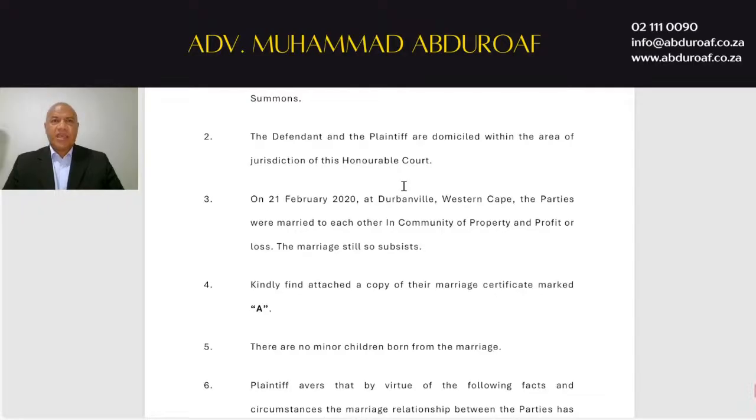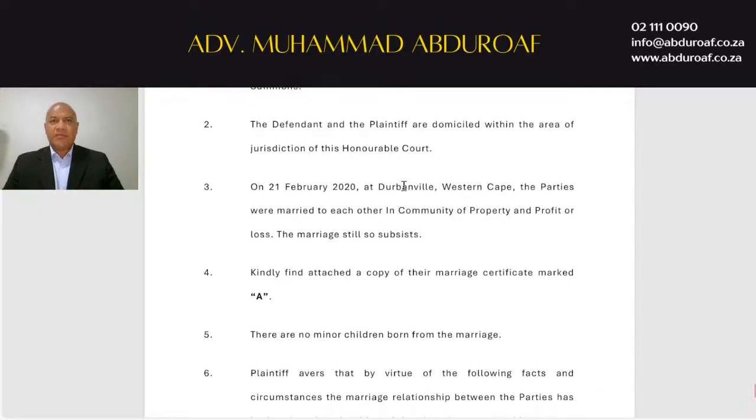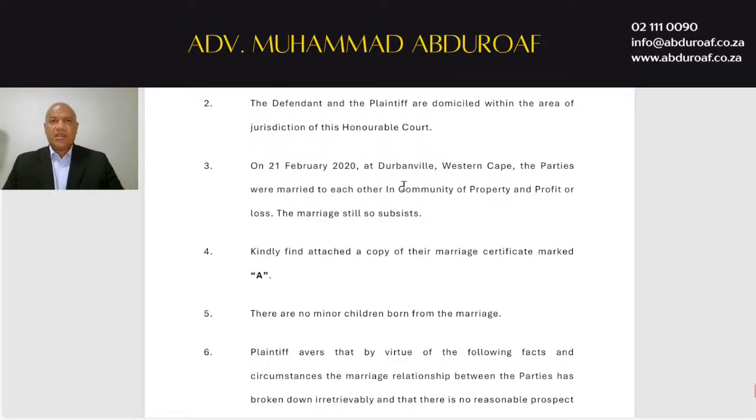And you further say that the defendant and plaintiff are domiciled within the area of jurisdiction of this honourable court. This court, the Western Cape High Court, cannot divorce a party unless at least one of the parties is domiciled or resident within the Western Cape. That's very important.